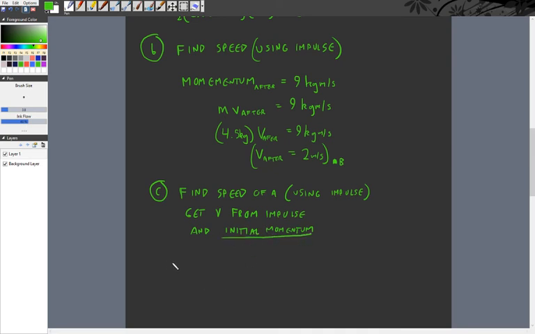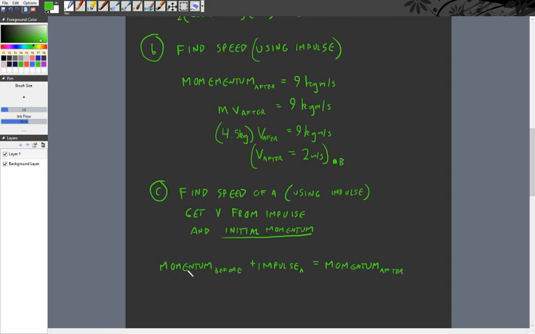So let's go ahead and write out an equation. So the momentum of block A before the collision plus the impulse felt by block A is going to be equal to the momentum of block A after the collision.